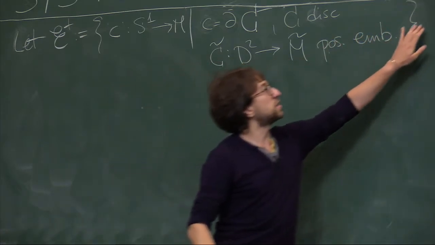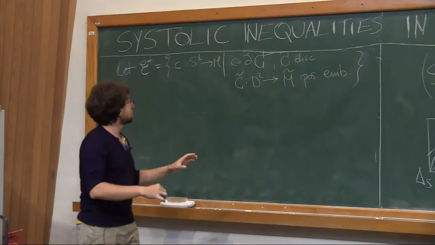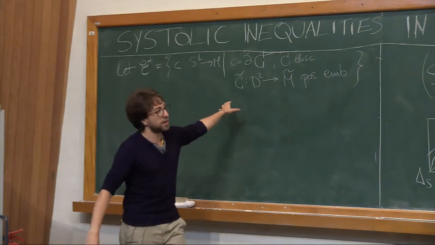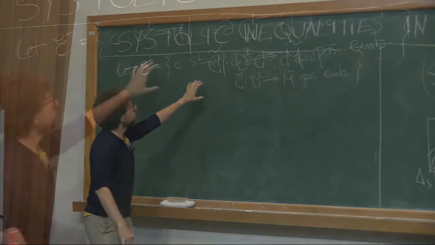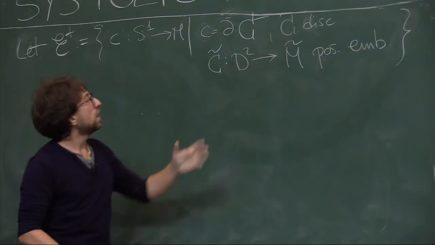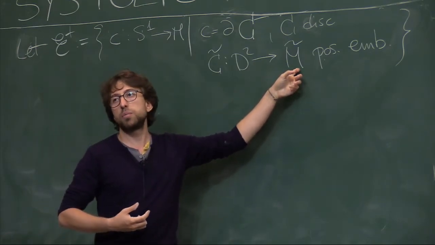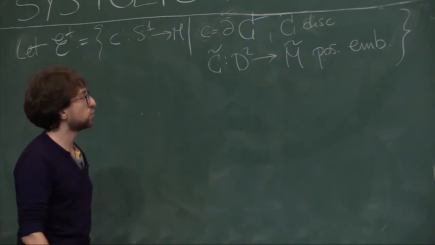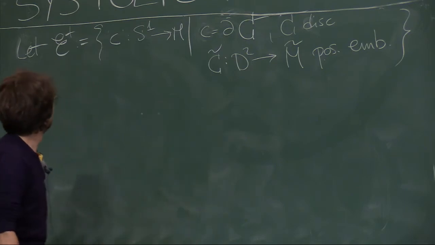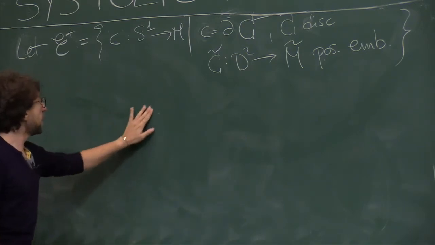Okay, so I will look for curves satisfying this equation in a subclass of curves. This subclass is defined independent of f. These are all the curves c which are boundary of some disk, capital C, and this disk has the property that when I lift it to the universal cover, this is a positively embedded disk. Okay, so for what we say, it's enough to look for solutions inside this space.